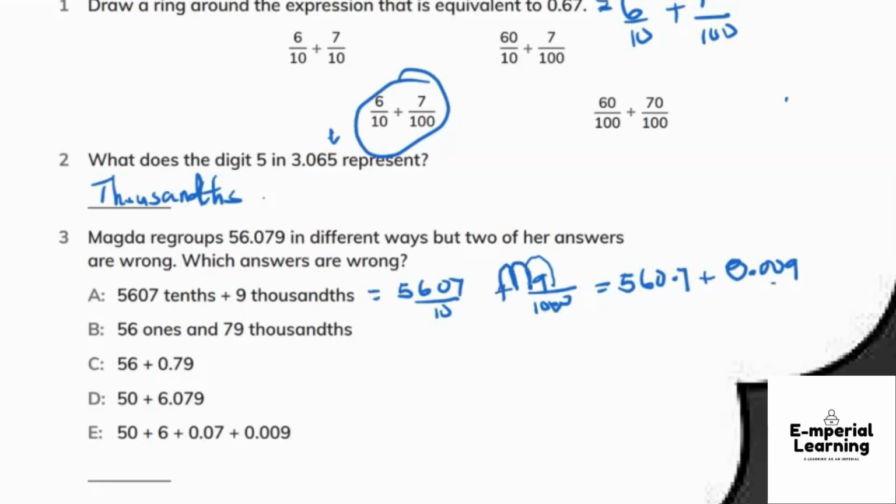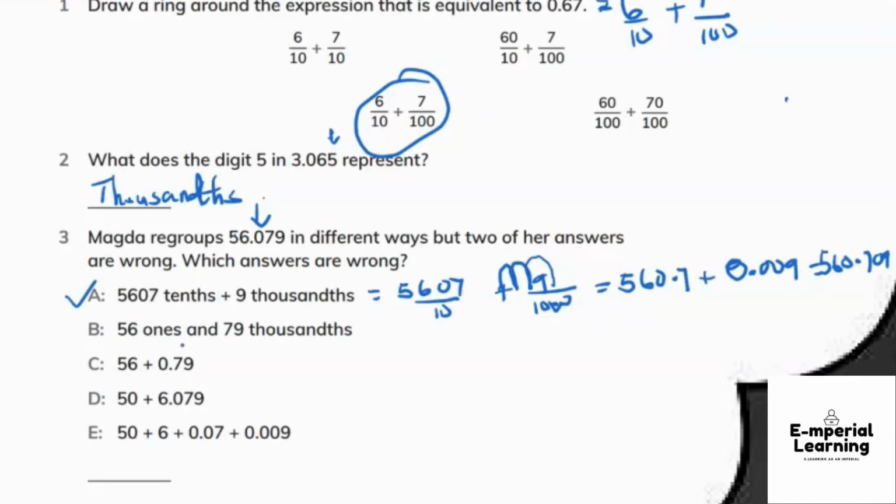The final thing will be 560.709. And when we compare it to what we have over here, it's not the same. So this will be our first wrong answer.